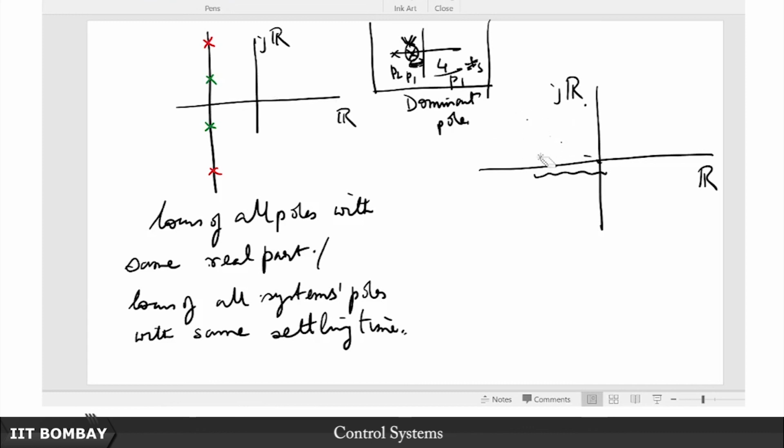So if you want to determine a constant zeta line here, it is going to be these radial lines like these. These are going to be your constant zeta lines, constant zeta loci.